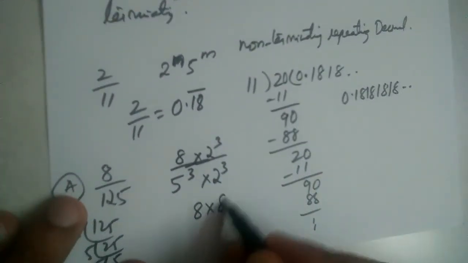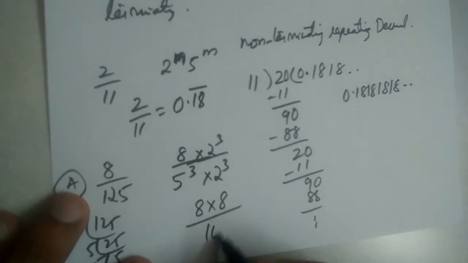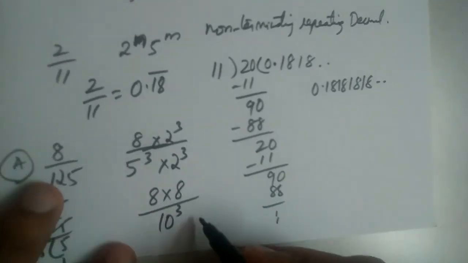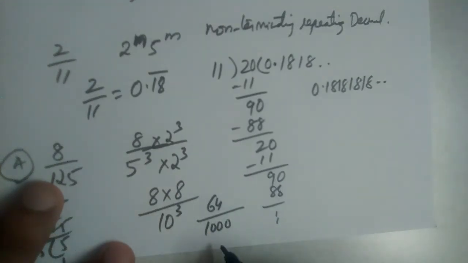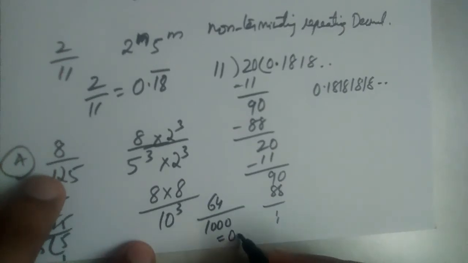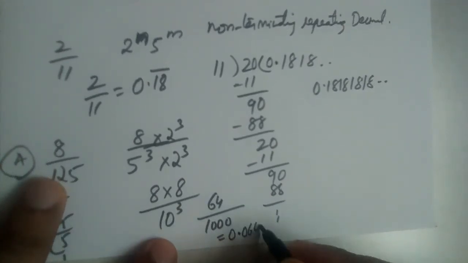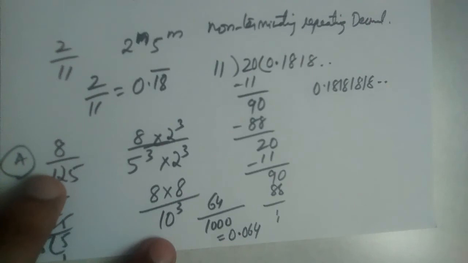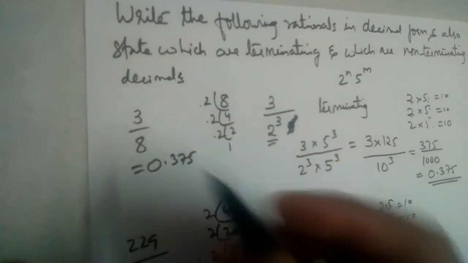So this is 8 into 8, 2 cube is 8 divided by 10 cube. Okay, what is 10 cube? 8 eights are 64 divided by 10 cube is 1000. Okay, so this will give us 0.064. All right, so basically in the denominator we need powers of 10.